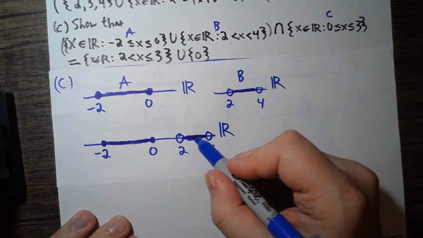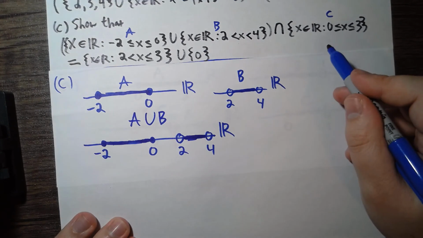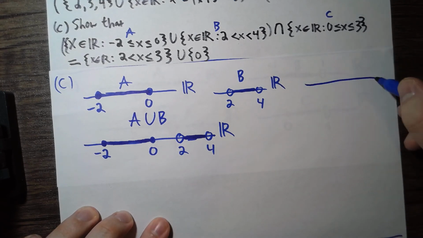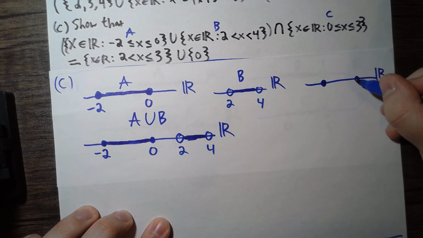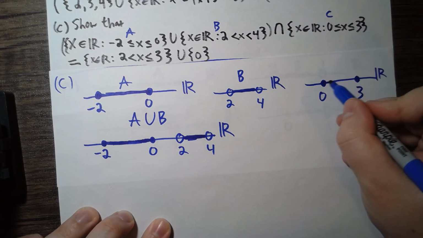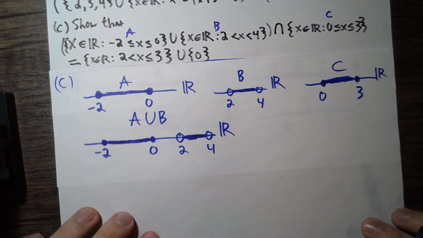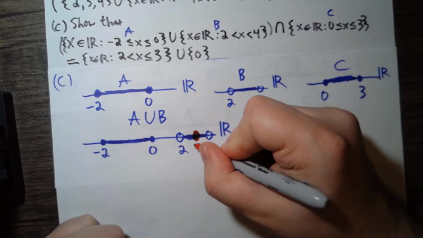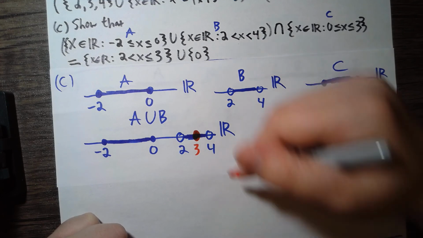This here is B, so this whole thing is A union B. Now let's look at what C is, since we want to intersect this with C. C is everything between 0 and 3. So this is A union B, and somewhere, say here, is where 3 is. So C on this A union B will look like this.